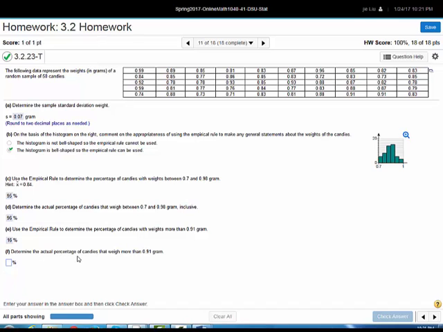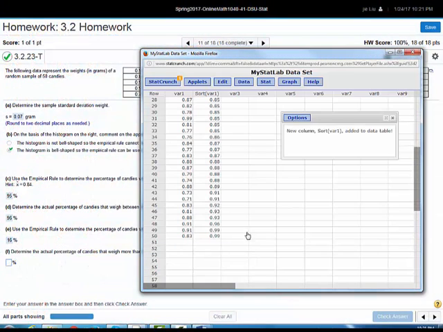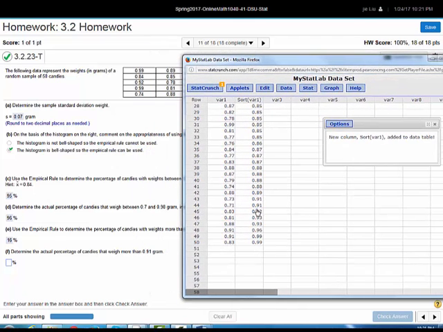Determine the actual percentage of candies that weigh more than 0.91. So the previous one is from the empirical rule, and this is from your sample. Similarly, you can look at the data and see which are bigger than 0.91. You will have 44 that are smaller than or equal to it, leaving 6 numbers bigger than 0.91.